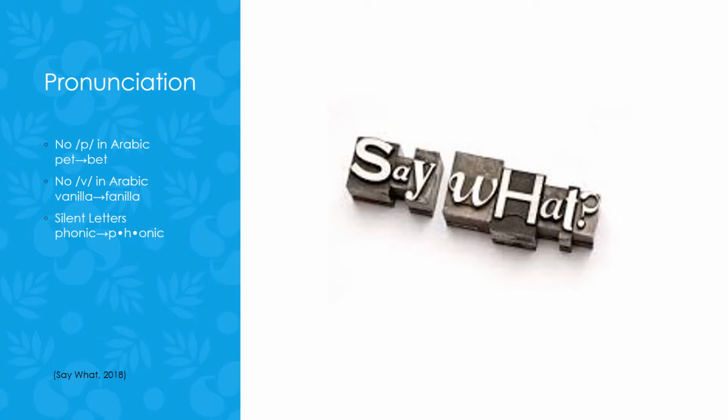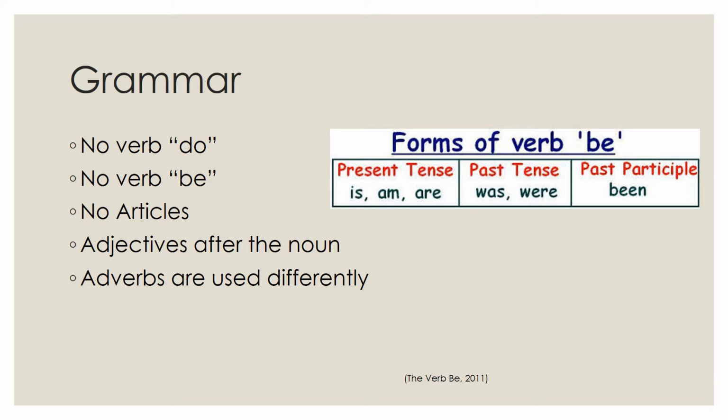And then another common error that Arabic students make is pronouncing the silent letters. This also has to do with the fact that Arabic is primarily phonetic, and so when students see words such as sign, they might actually pronounce it as sigin because they think that you pronounce everything in the word.